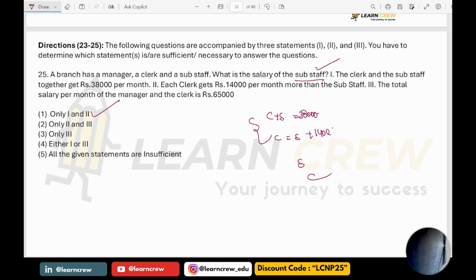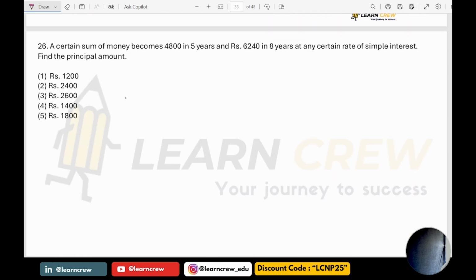Now next, 26. A certain sum of money becomes 4,800 rupees in 5 years and 6,240 rupees in 8 years, simple interest. So for 3 years, how much extra interest is paid? 1,200 plus 240. So in 3 years, the interest is 1,440. Thereby each year it is 480. On 4,800 each year 480 interest. Find the principal.